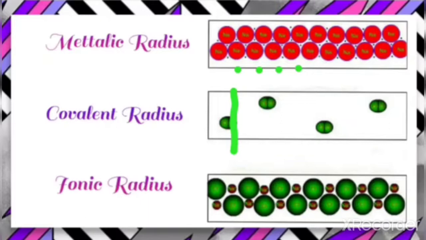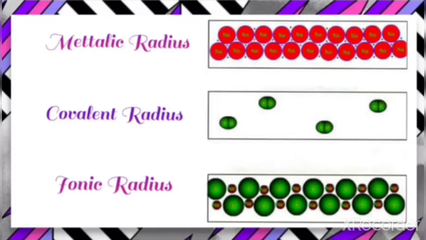And ionic radius is estimated from the distance between the two ions. So metallic radius is found in metals, covalent radius in covalent compounds, and ionic radius from ionic compounds.